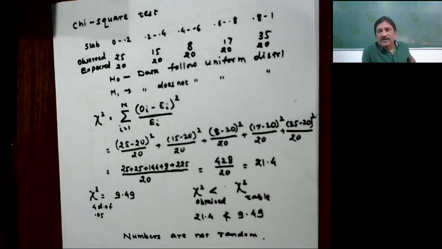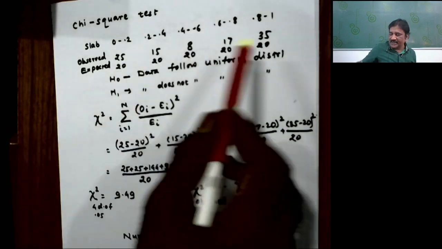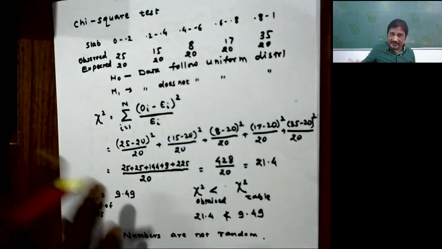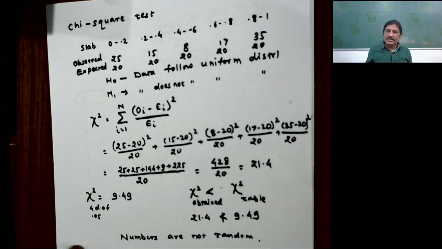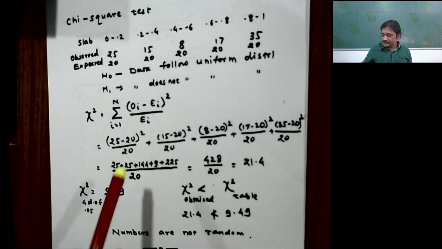If I had 10 slabs, my expected frequency would be 10 each. So the number of observations divided by the number of slabs will be the expected frequency. Here it is 20, because there are 5 slabs: 100 divided by 5, 20.